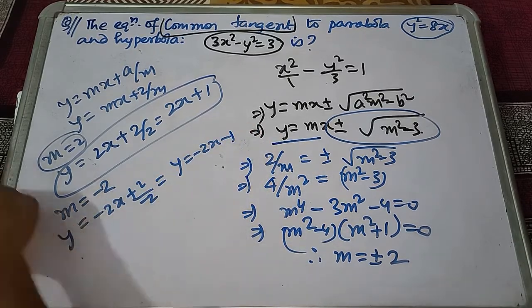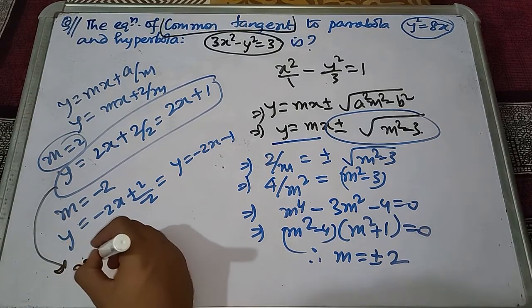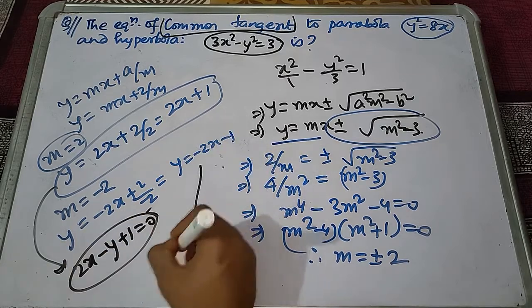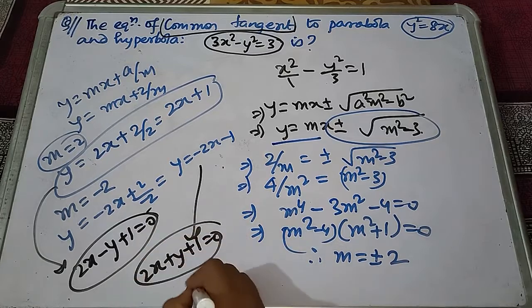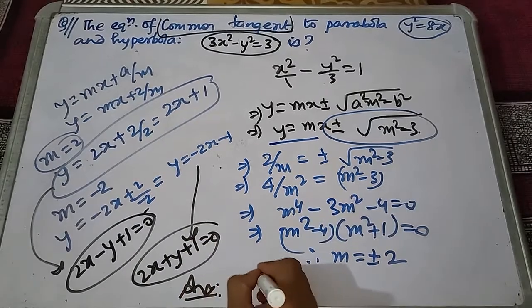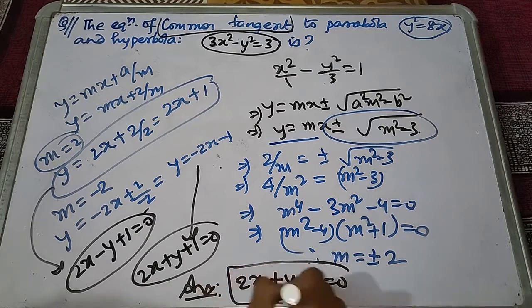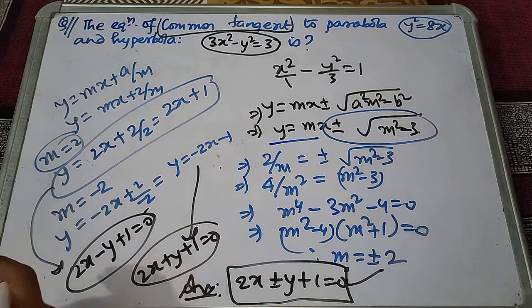Therefore, the equations of the tangents are 2x − y + 1/4 = 0 and 2x + y + 1/4 = 0. Therefore, your answer is 2x ± y + 1/4 = 0. This is your equation of common tangents to the parabola and the hyperbola.